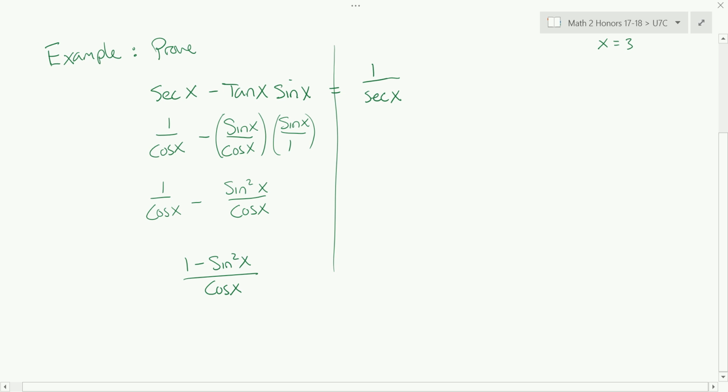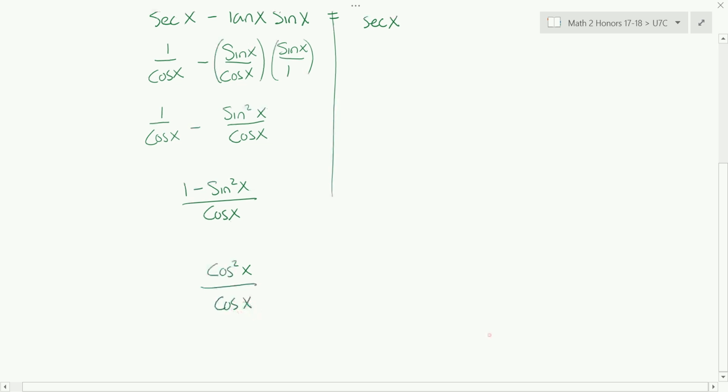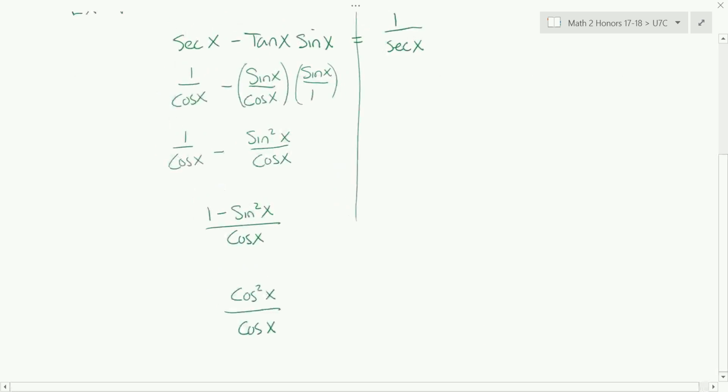Okay, we can use a Pythagorean identity on 1 minus sine squared x. Okay, 1 minus sine squared x is the same thing as cosine squared x over cosine x. And we can reduce that.